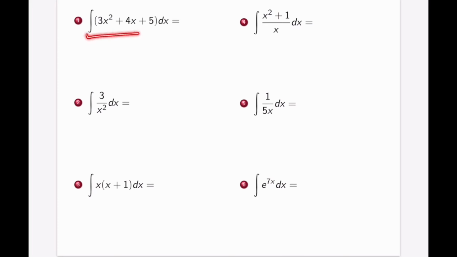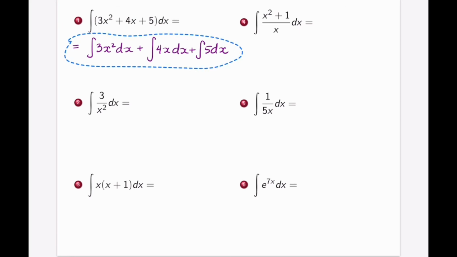So the first thing here is, instead of taking the antiderivative of this entire polynomial, I am going to apply the property of integral that says that I can split this up across the pluses and minuses. So this is the same as the integral of 3x squared dx plus the integral of 4x dx plus the integral of 5 dx.